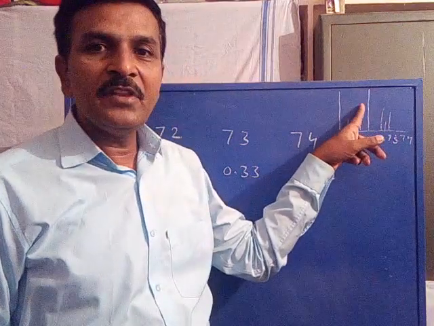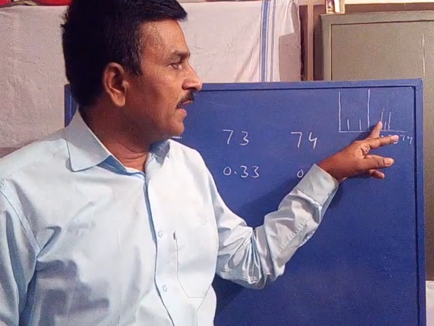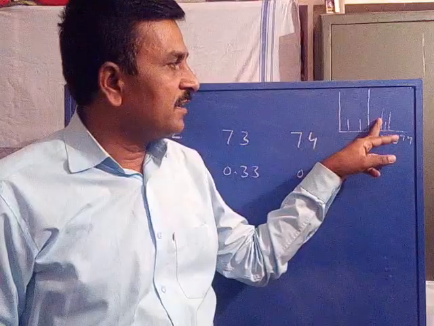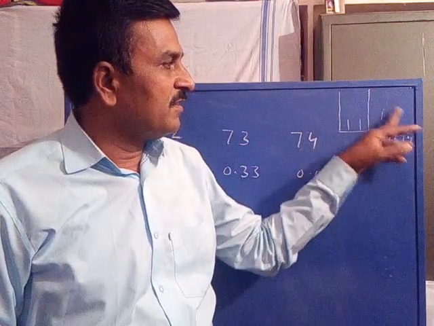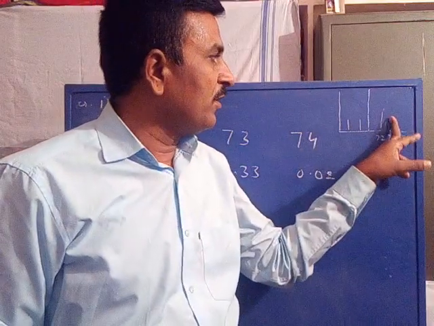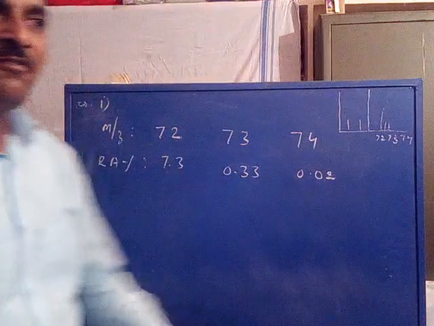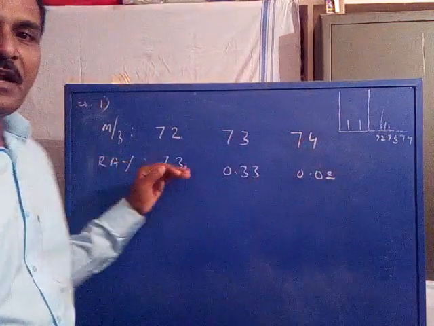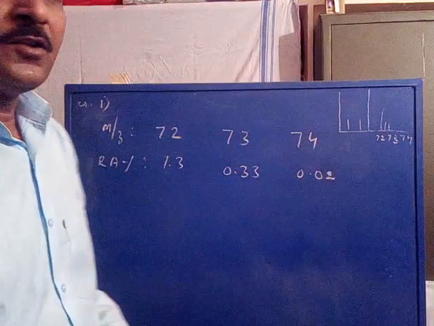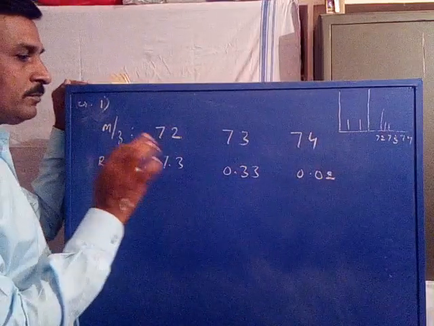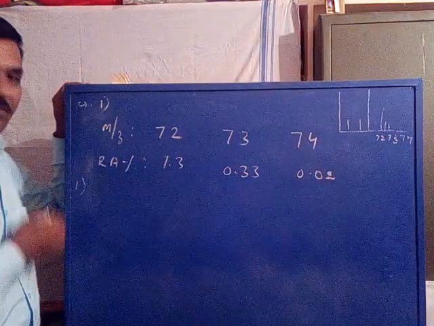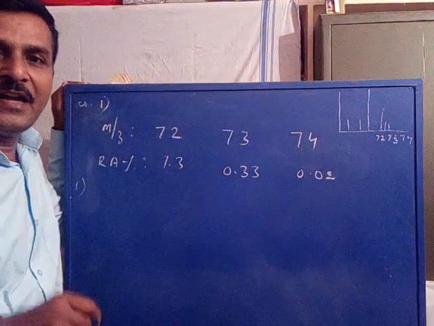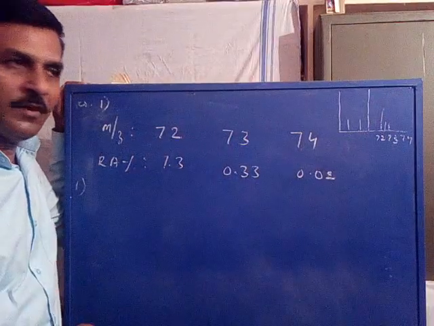By comparing with the base peak signal, we can calculate the relative abundance percentage of the 72 signal, 73 signal and also the 74 signal. So this is the way to select the relative abundance percentage from the spectrum. Now, the application of guidelines for the determination of molecular formula.